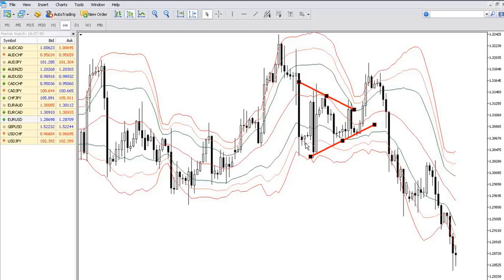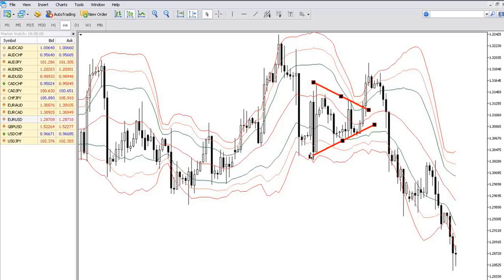That's why we put the other 2 in, which is 1.5 and 1, so that we give ourselves the best chance of defining and recognizing smaller wedges and smaller triangles in our charts. So that's the only reason why we use them. But we use the Bollinger Bands in exactly the same way. It doesn't matter what deviation setting they have.